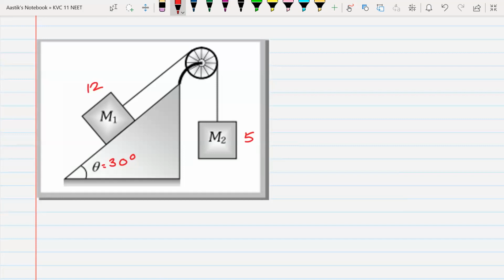Downward direction. Which downward direction? Both the directions are downward. Which downward are you talking about? How will I know that? In which side is this going to move?